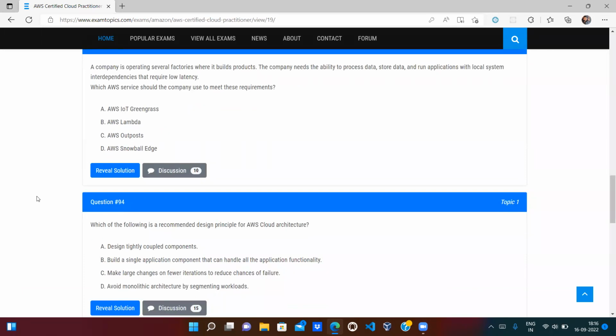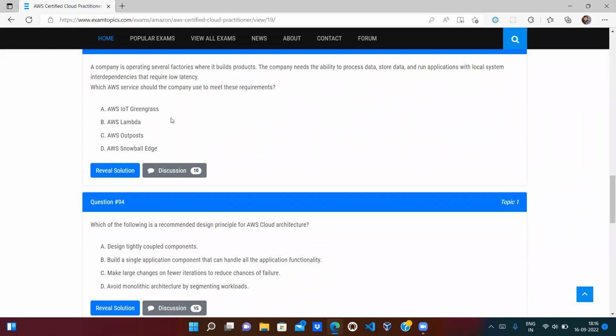A company is operating several factories where it builds products. The company needs the ability to process data, store data, and run applications with local system interdependency that requires low latency. Which AWS service should the company use to meet this requirement?